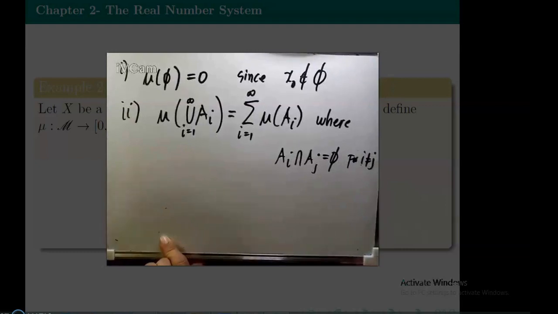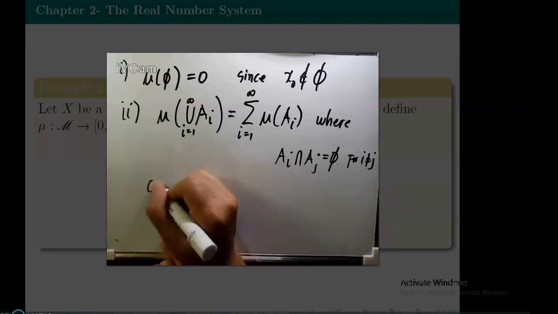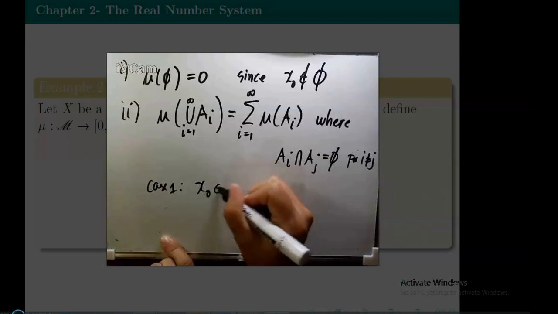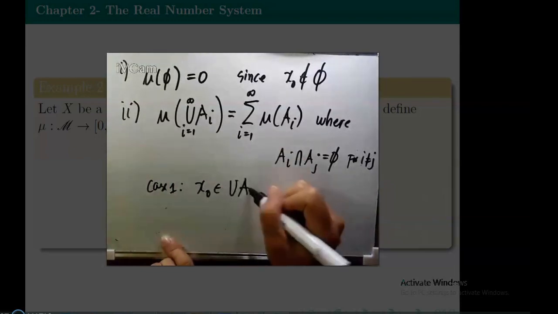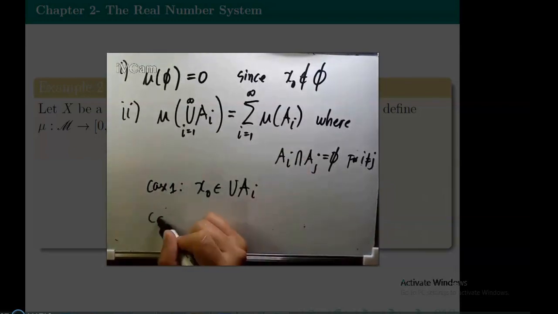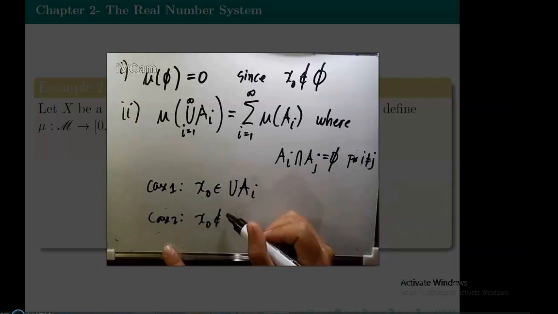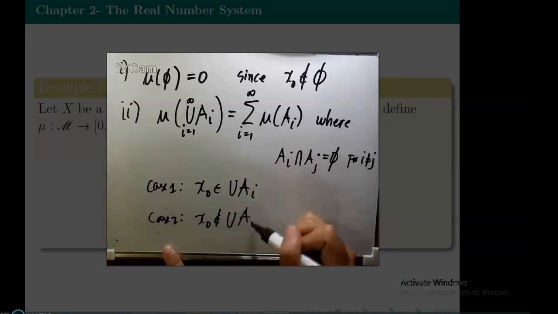So this is what we are going to show. Now to show this, we will consider two cases. Case 1, x sub 0 is in the union of A sub i. Then for case 2, x sub 0 is not an element of the union of A sub i.